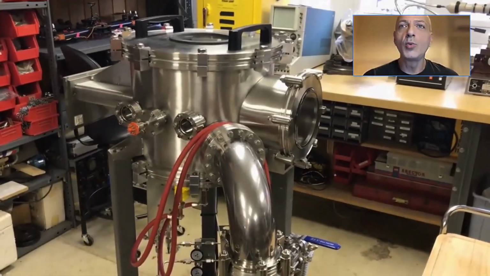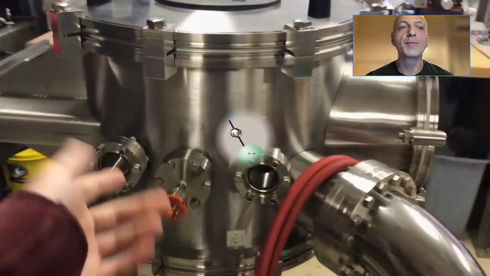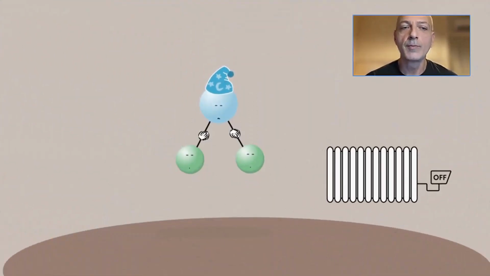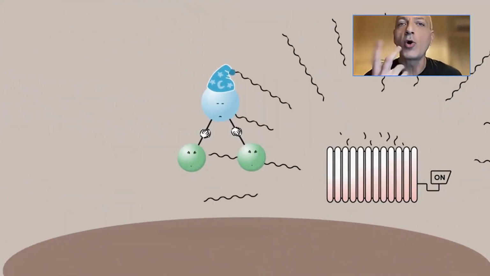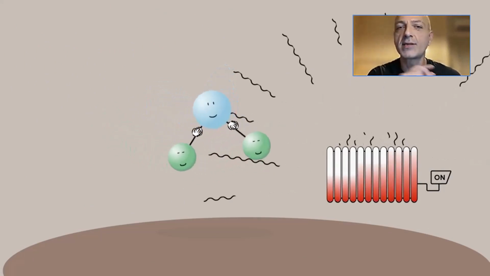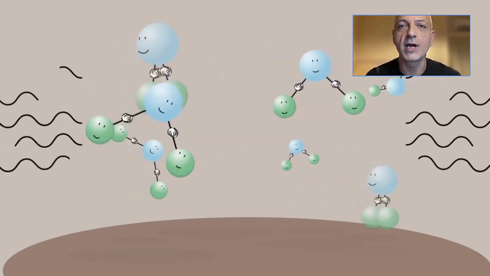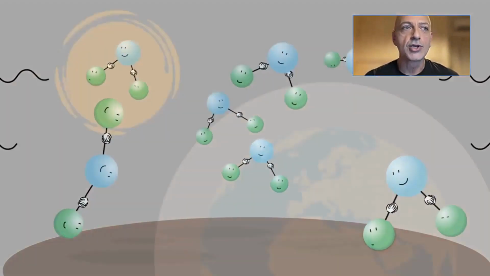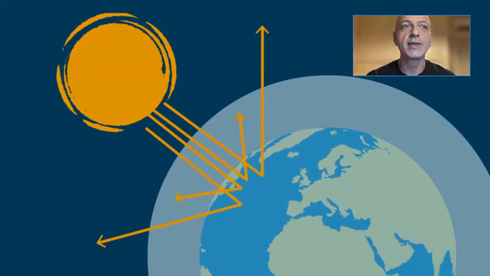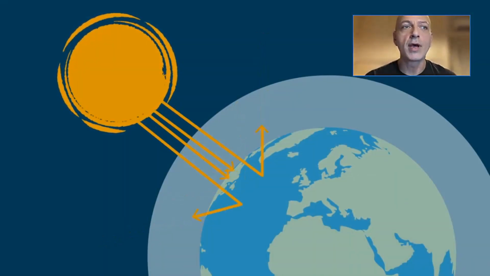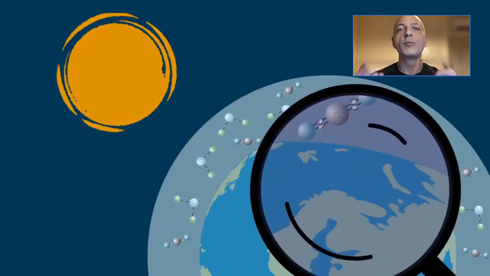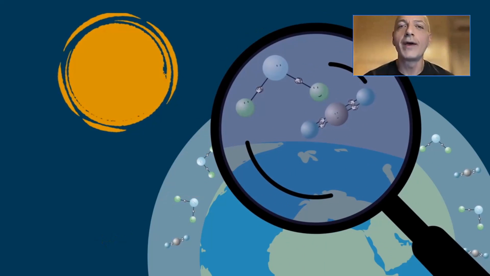Now, why do we use vacuums? It's because, if you remember from high school, the definition for something being hot is how fast the atoms are moving inside that material. So if you imagine that down here on the Earth's crust, we are at the bottom of an ocean of air.